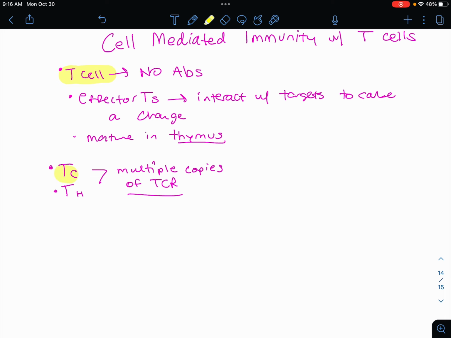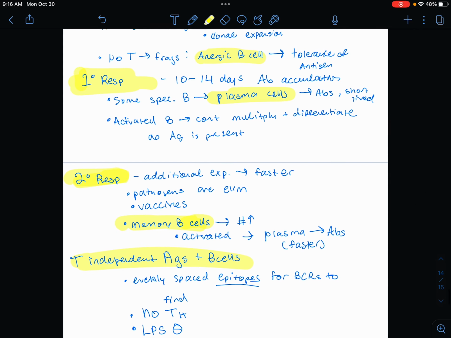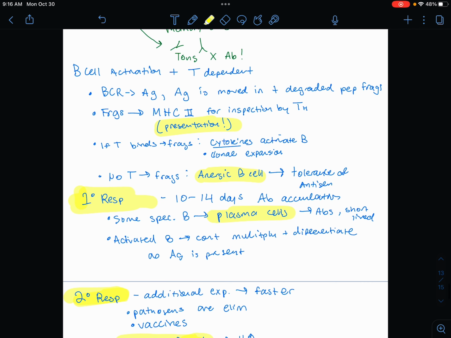And what's interesting about the TCR, we were discussing earlier in the humoral system, where we're going to have this presentation done when we're doing a B cell activation with a T-dependent antigen.